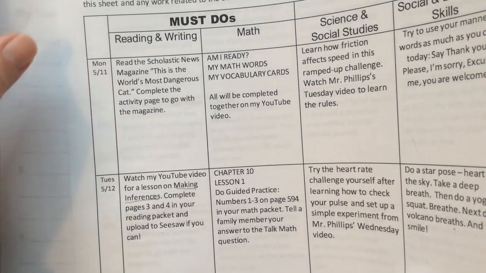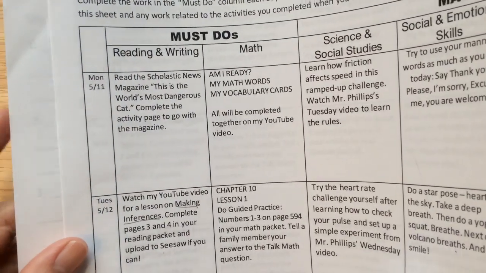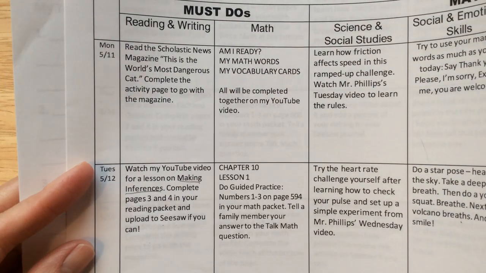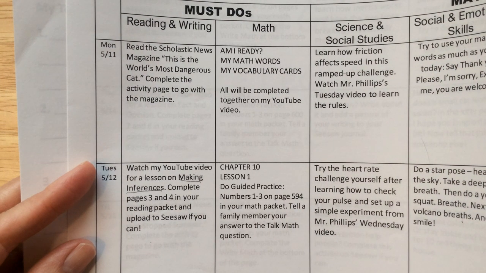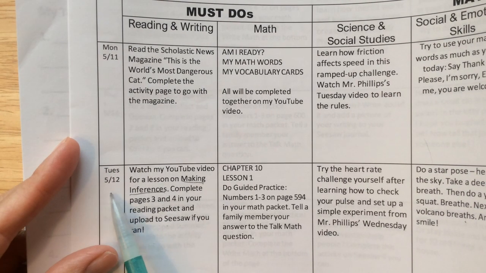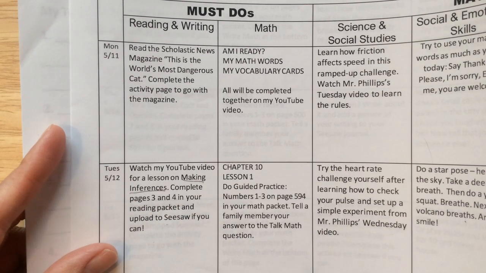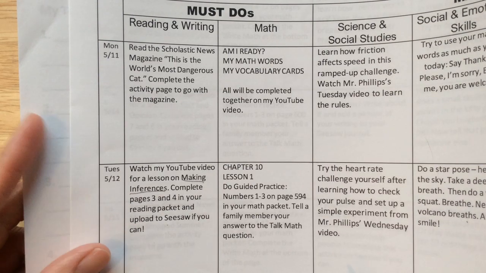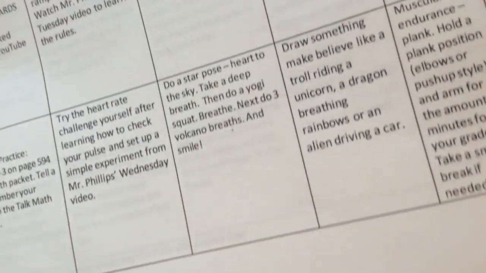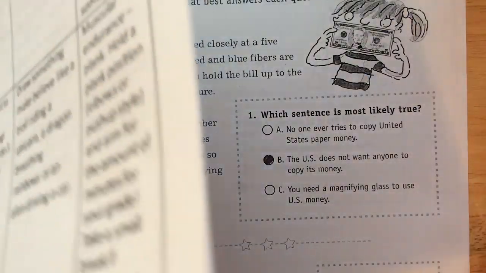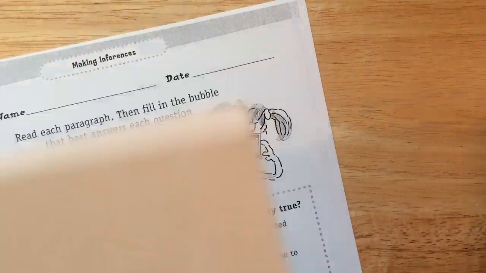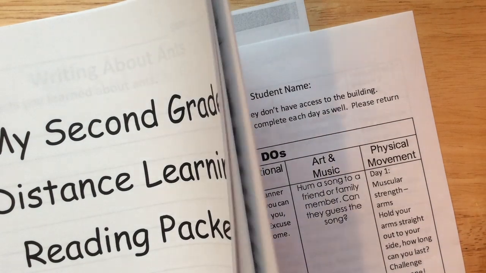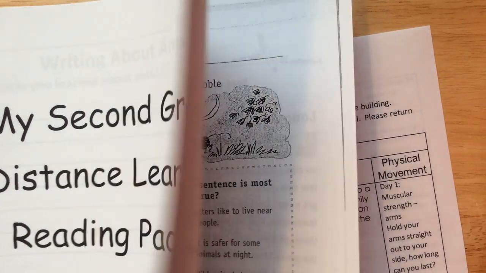So make sure when you go to Seesaw, you don't have to just go ahead and click the plus sign. Please find the activity that will say 5-12 and it will say making inferences, and then you can click add response. Now, if you feel you can do that on your own, you can turn off my video and have a great day.